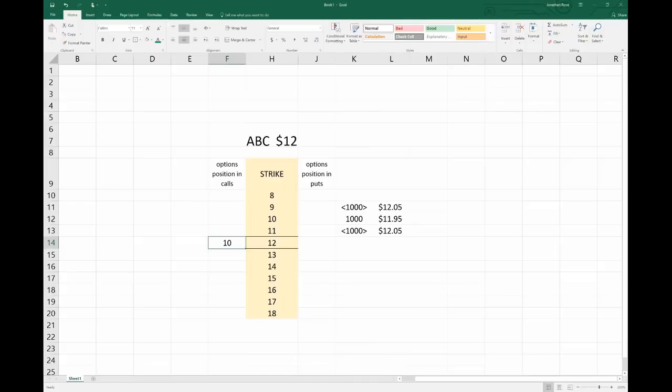Lise is asking, can we manage these positions by just buying the puts? No, because you don't even want to start thinking like that. The options market is not liquid enough to do that.